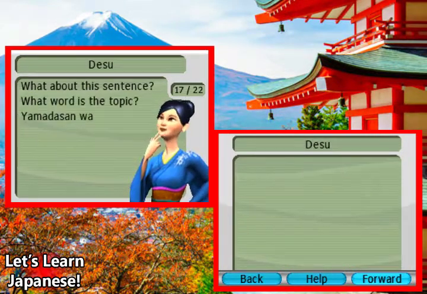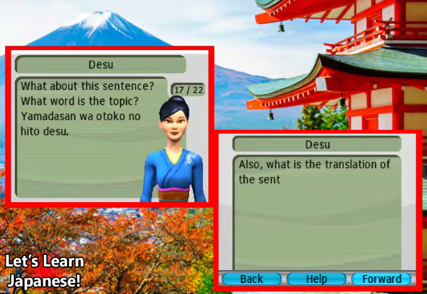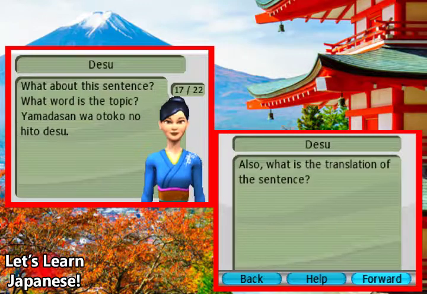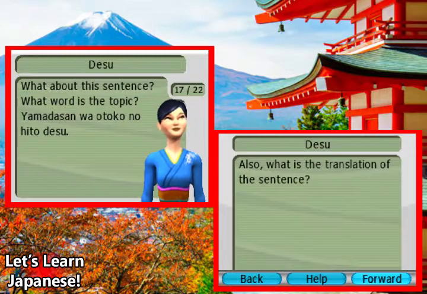Okay, what about this sentence? What word is the topic? Also, what is the translation? Yamada-san wa otoko no hito desu. So, Yamada-san is just a person, with san being the honorific. Yamada is their last name.